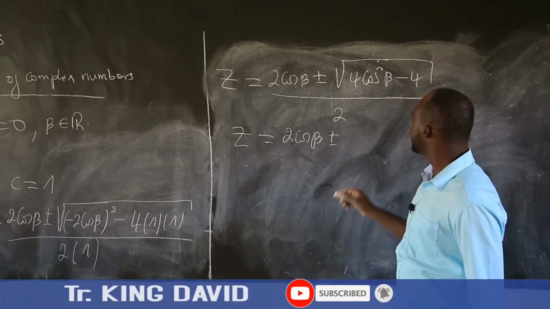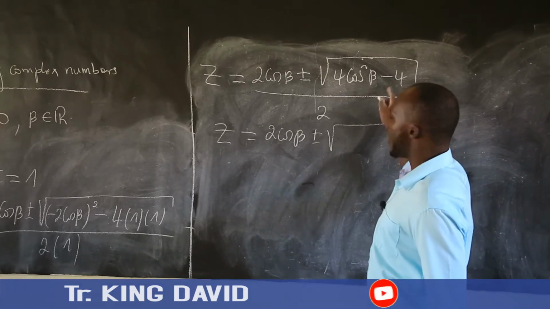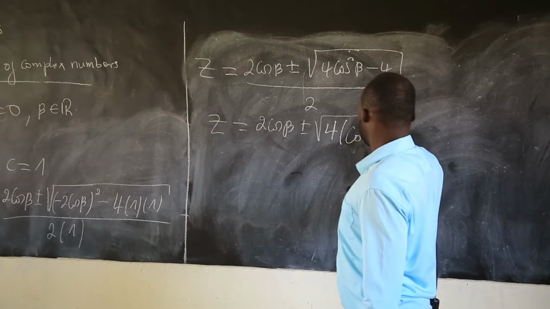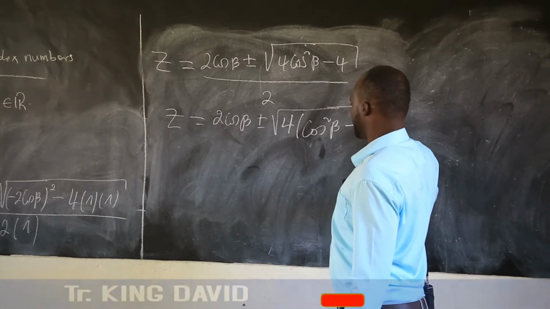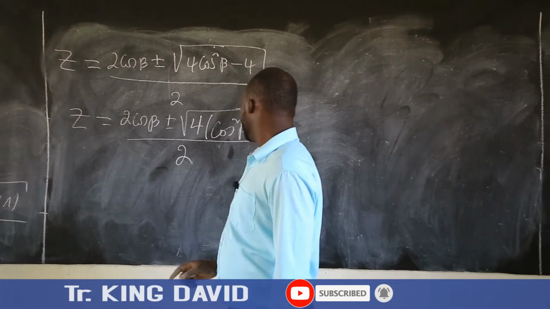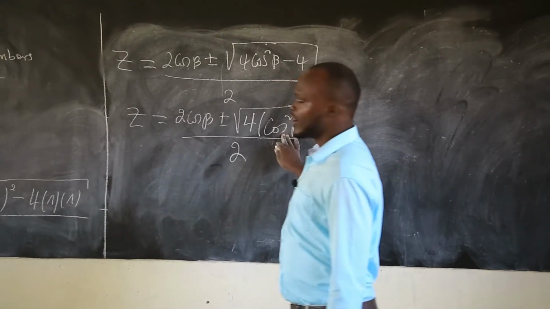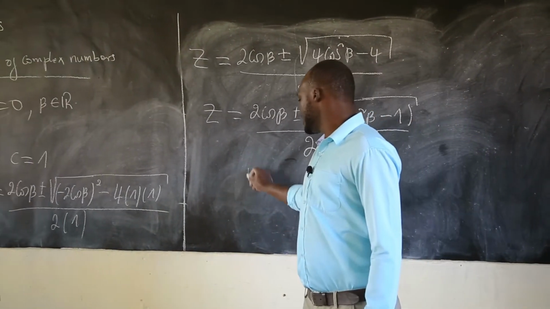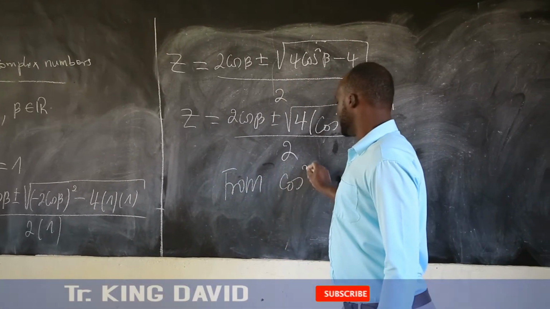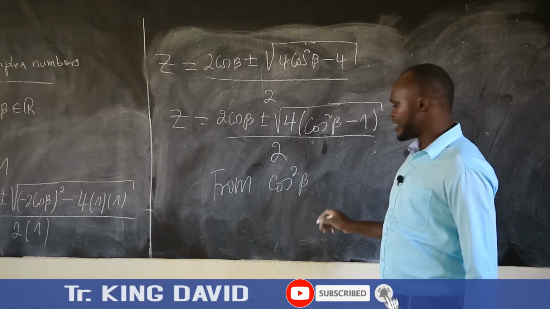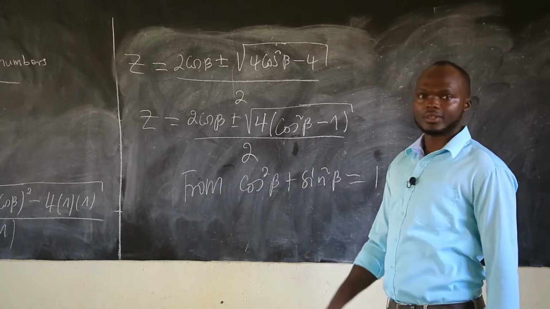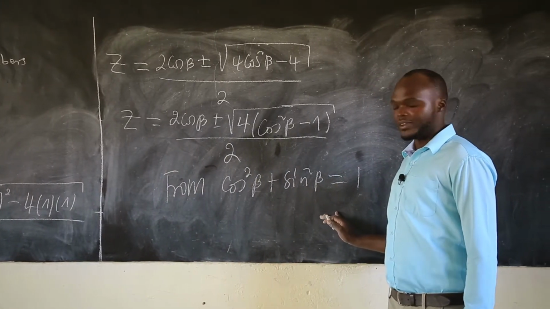So z is 2 cos beta plus or minus, let us take this 4 out of the bracket, so that is 4 into bracket cos squared beta minus 1, divided by 2. Okay, you remember what is the value of cos squared beta minus 1? Remember, cos squared beta plus sine squared beta equals what? To 1. I think you remember this one in trigonometry.